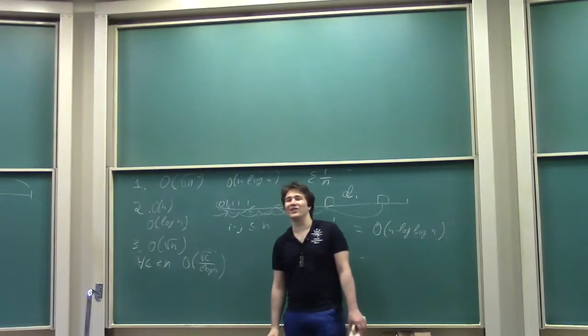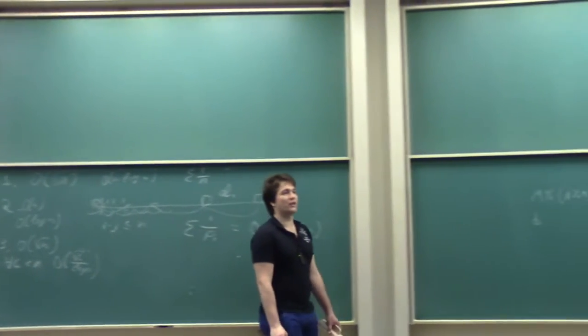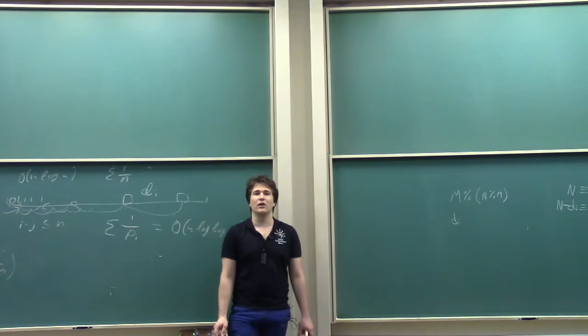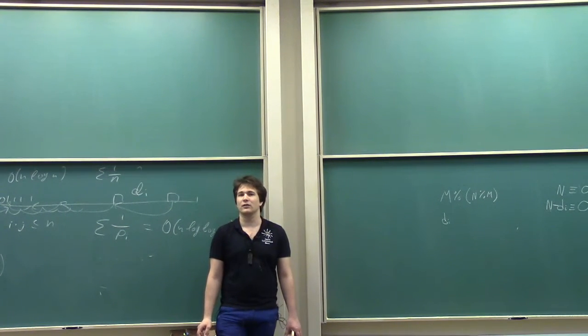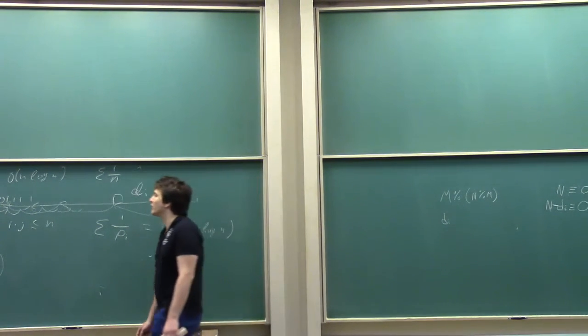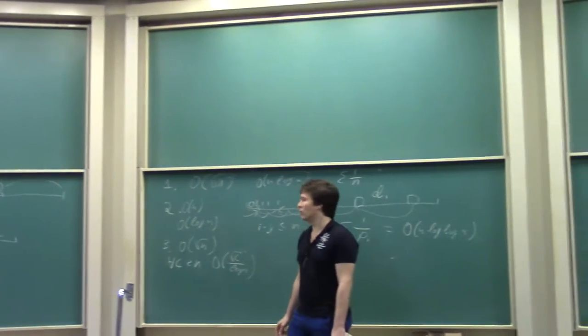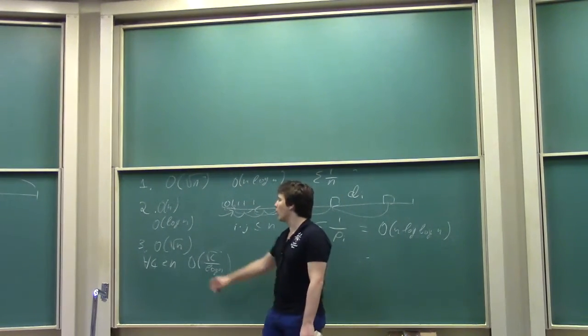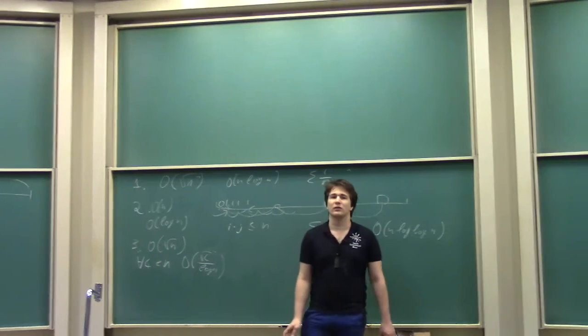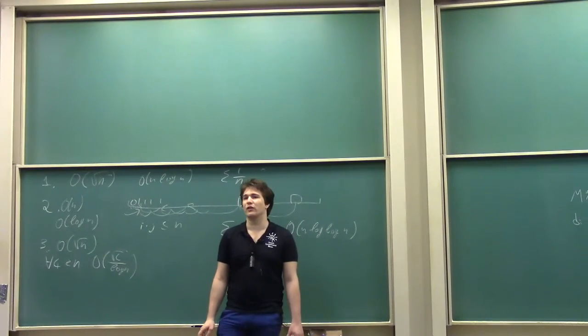But of course, we know that we only need to check prime numbers on this segment actually. So instead of trying all numbers from 2 to square root, we try all prime numbers from 2 to square root.